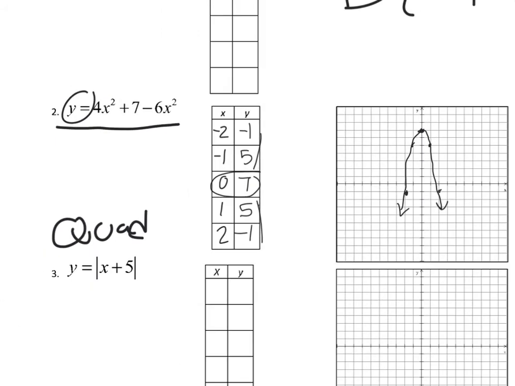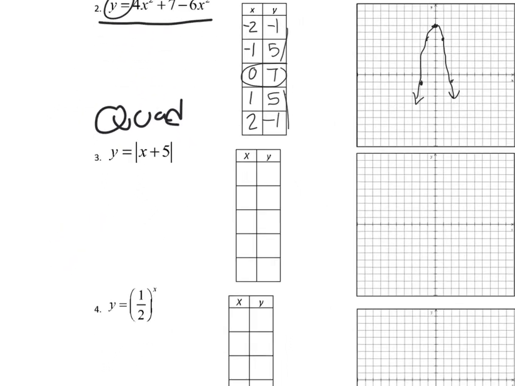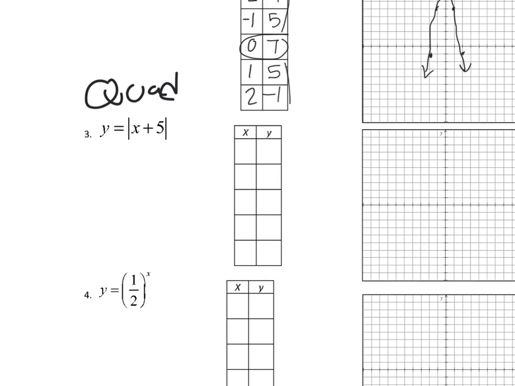Tomorrow we'll talk a little bit about rate of change, finding the rate of change on a quadratic, a linear, an absolute value. All right, on this one you plug it in, -2, -1, 0, 1, 2. You're going to get 3, 4, 5, 6, 7.